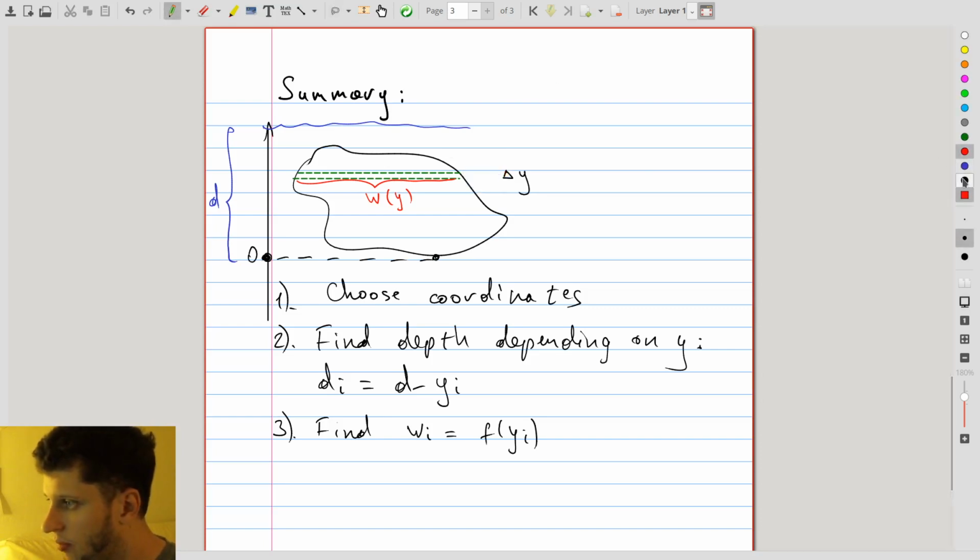Okay, and so once you have this, you can set up the integral sum. Right?